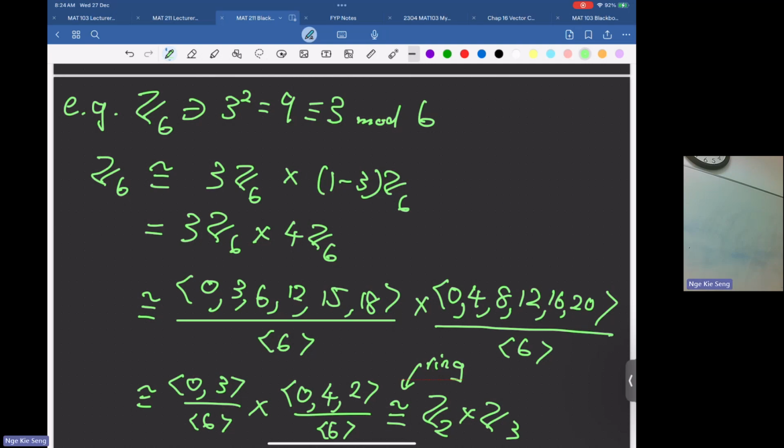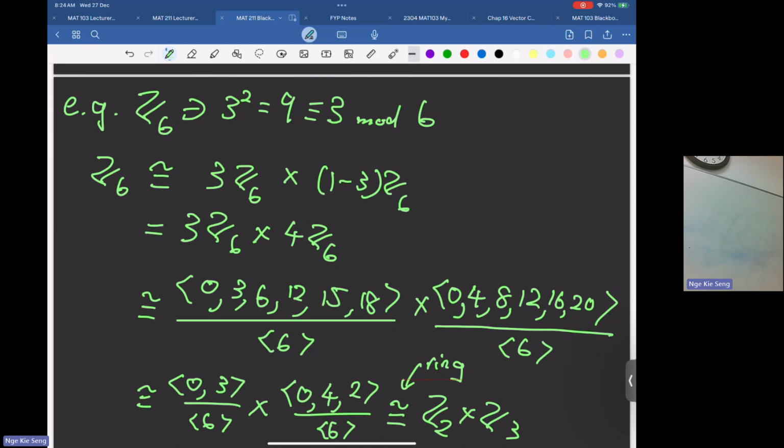We can split any finitely generated abelian group into products of Zn or Z. But here is a ring isomorphism. Whenever you write an isomorphism, you need to ask yourself whether it is a group isomorphism, ring isomorphism, or vector space isomorphism we have learned before.